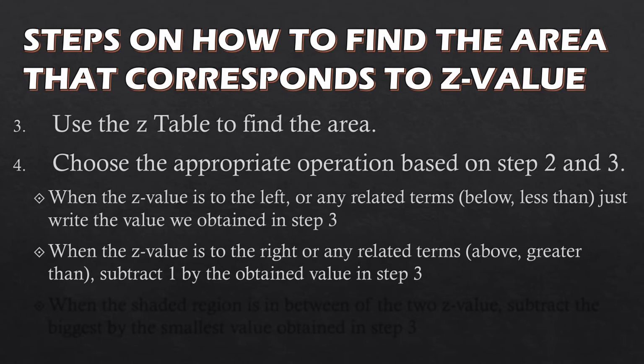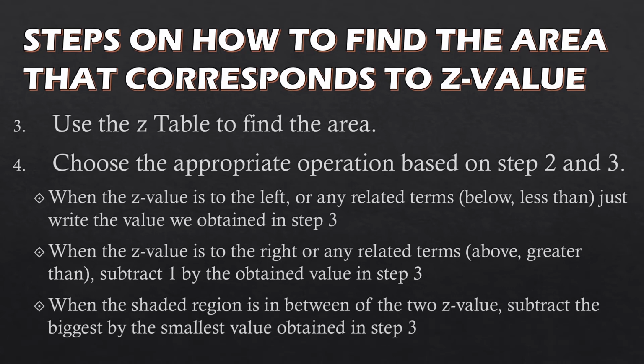And the last condition, when the shaded region is in between two z values, we need to subtract the smallest value from the biggest value obtained in step 3. The smallest area is on the left, and the smallest area will be subtracted from the biggest area.